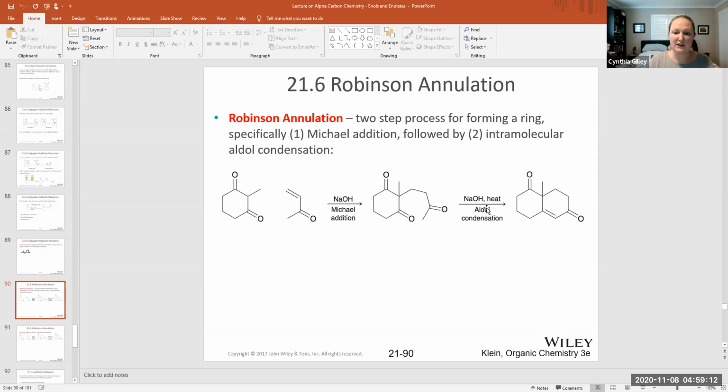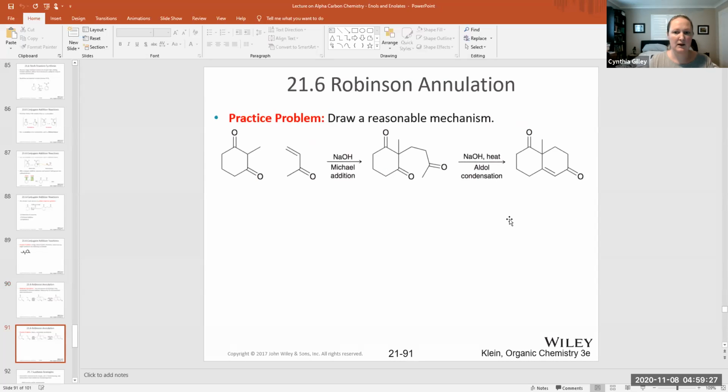Because it's a condensation, we expel a small molecule, so in the end we produce water as a product. Actually, we kick out hydroxide, which can get protonated. I would like you to think about and practice drawing a reasonable mechanism for this reaction. Without me going over it first, see if you can figure out how to start from this Michael donor and this Michael acceptor to first do a Michael addition followed by an aldol.